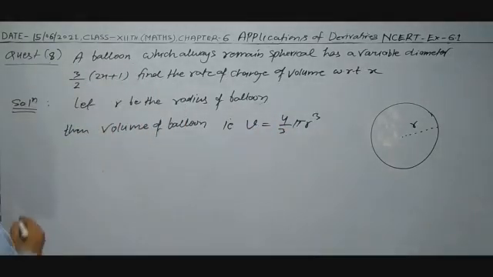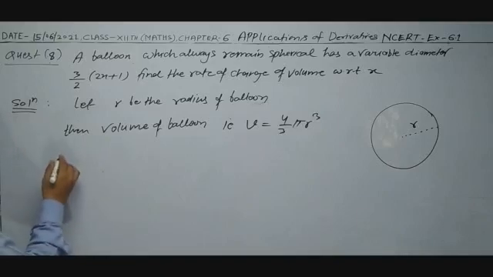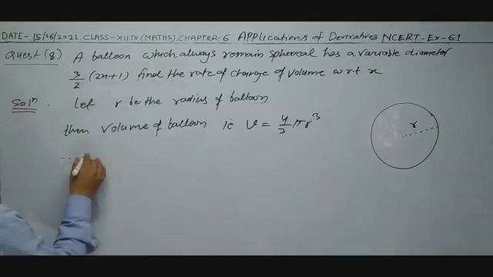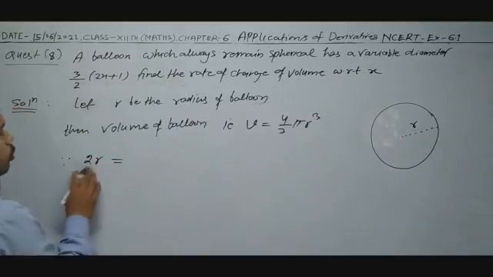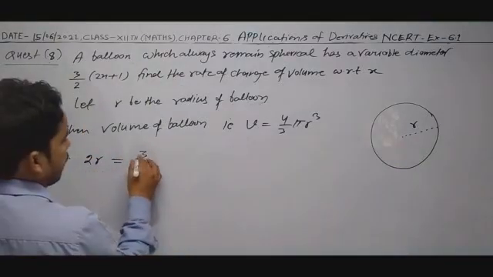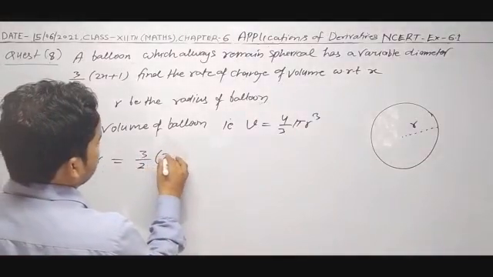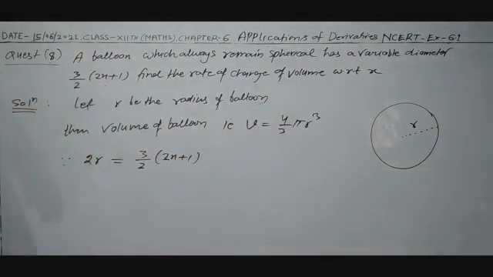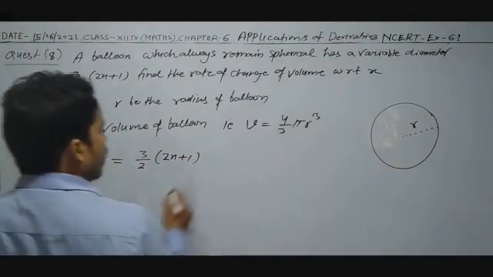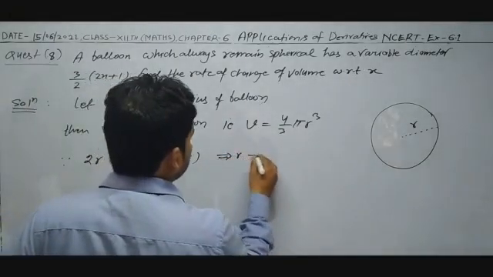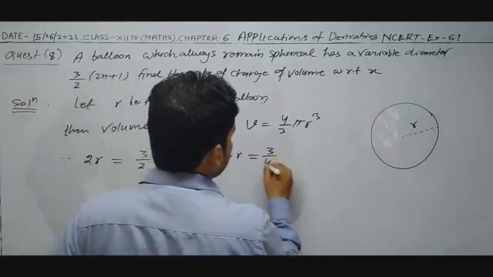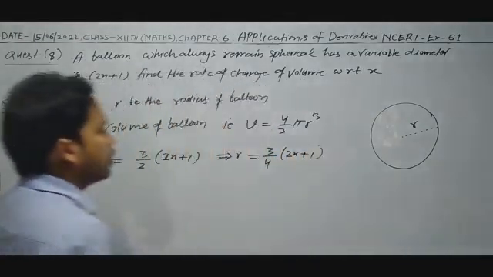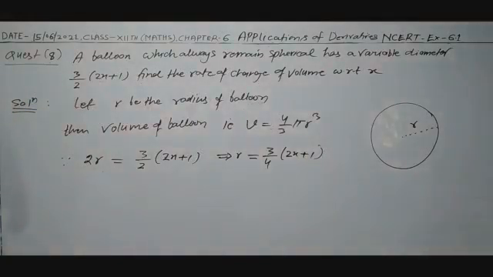From this question, since 2r is the diameter, and the diameter is equal to 3 by 2 (2x plus 1), the radius is equal to 3 by 4 (2x plus 1).